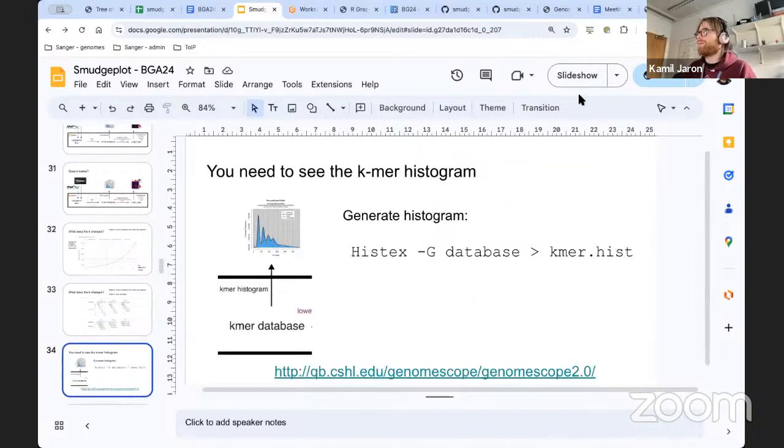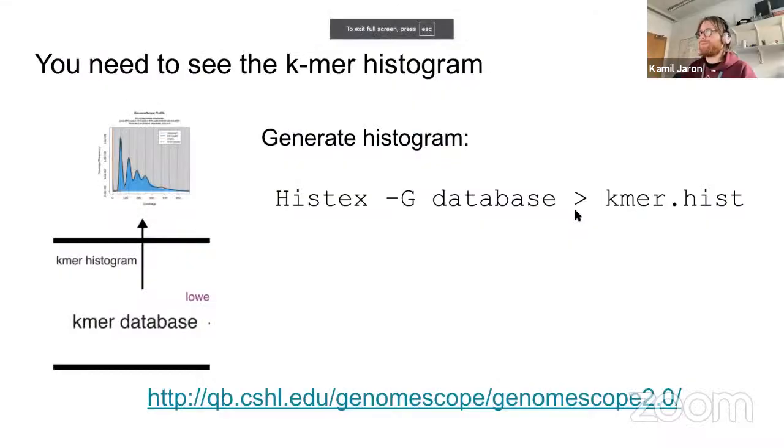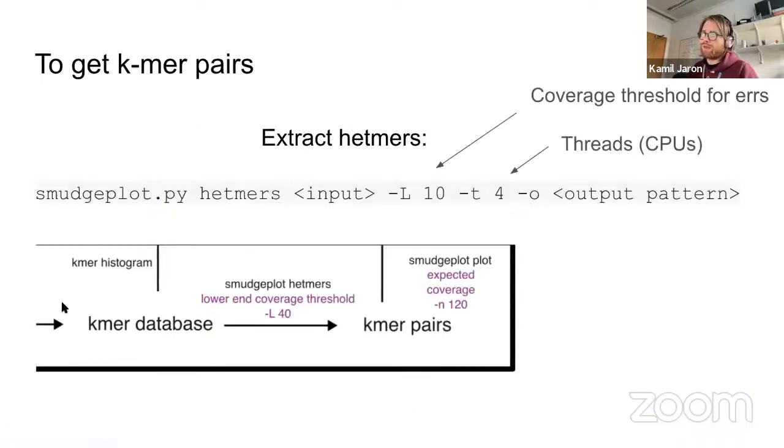Okay, so from the database, the K-mer histogram is just the histex with capital G to give you the format that is favorable for GenomeScope. This part of the pipeline is getting the K-mer database.